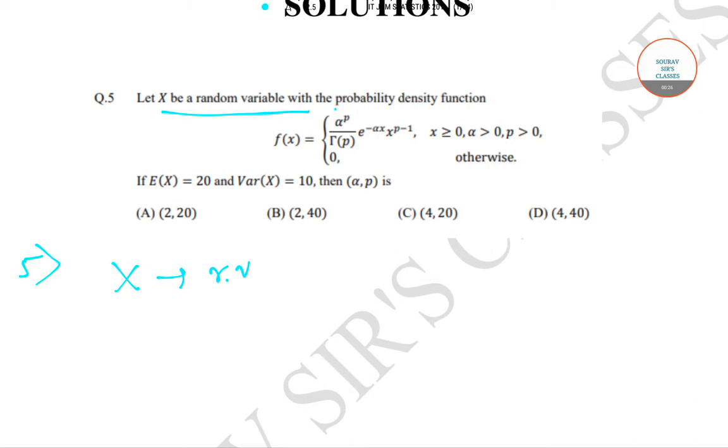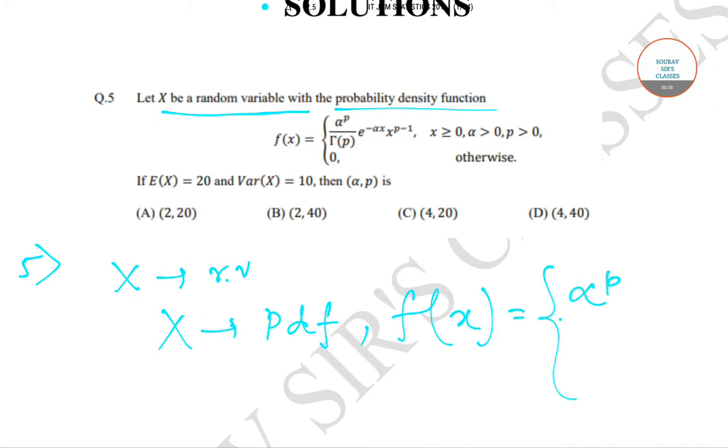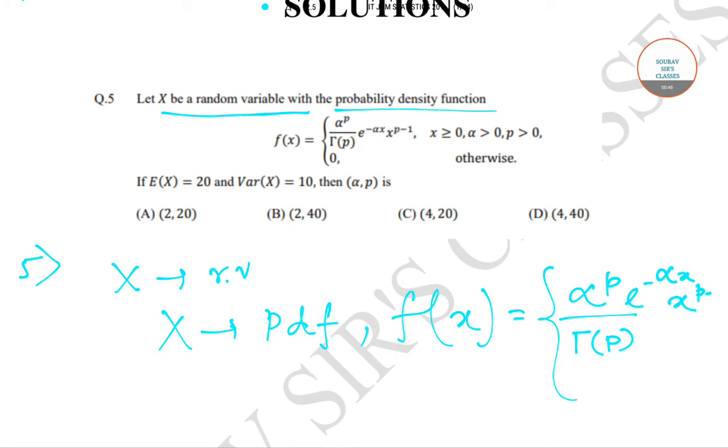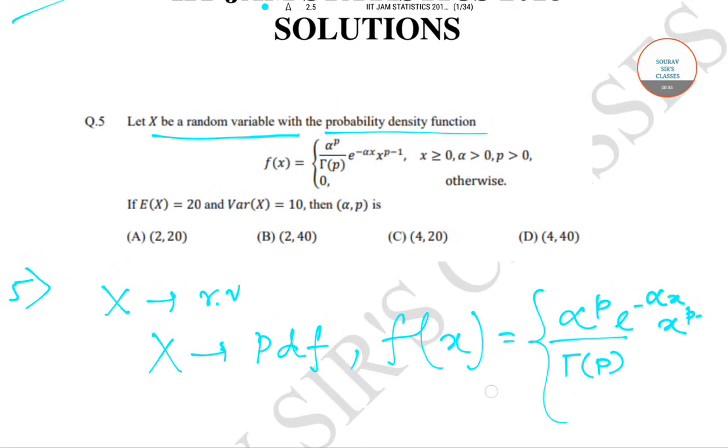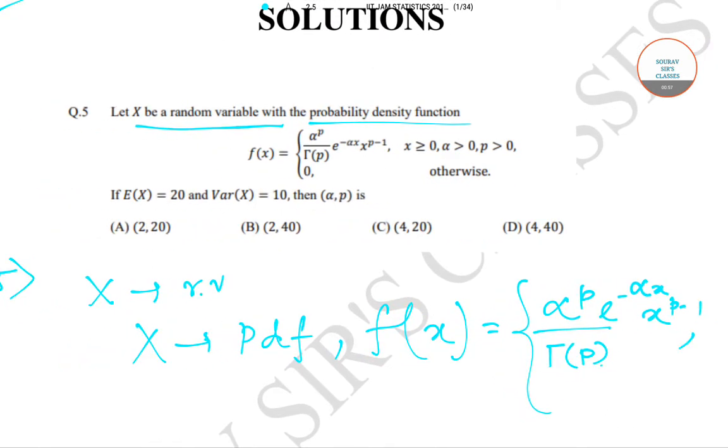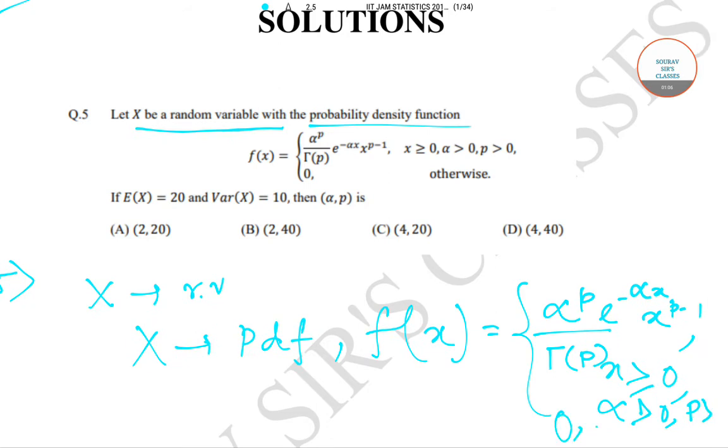We are also given that x has a PDF f(x) equals alpha to the power p by gamma of p multiplied by e to the power minus alpha x multiplied by x to the power p minus 1, when x is greater than or equal to 0, alpha greater than 0 and p greater than 0, and it is 0 otherwise.